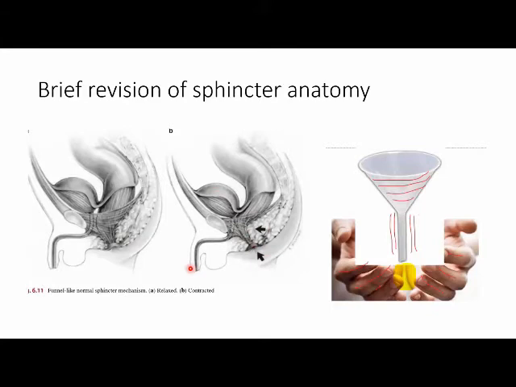Again, I'm just revising the previously discussed topic. Mainly, continence is maintained by the proper anatomy of the muscles, by the normal anal sensation, and also the proprioception in the rectum when it is getting distended by the stools. And the third most important feature which helps in maintaining continence is the bowel motility, or the peristalsis. So all these three components are important in maintaining continence.